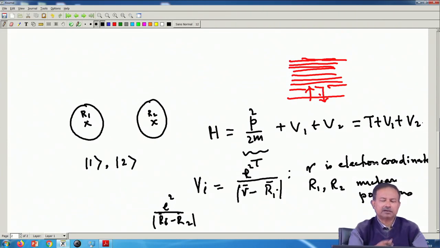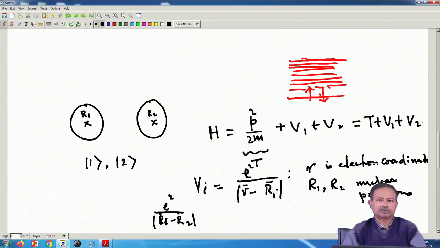By the time an electron moves about a large number of times, the nucleus will probably not move even once. So, these are very separate dynamics. As far as the electrons are concerned, the nuclei are almost like static nuclei. Their movement is very slow compared to the electronic motions.